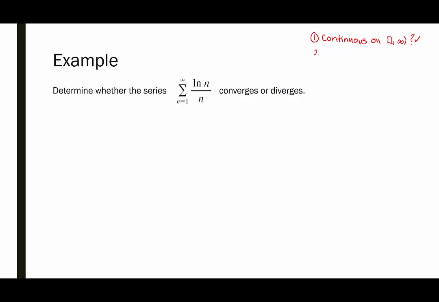The second thing we have to check is positive. Here we have to be careful. The value of the natural logarithm of 1 over 1 is actually 0 over 1, or 0. So this is not positive at 1. It is, however, positive once we get to 2.